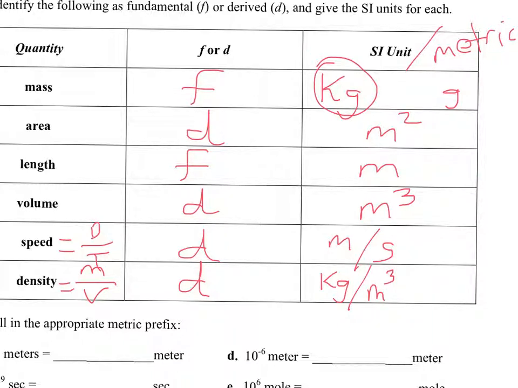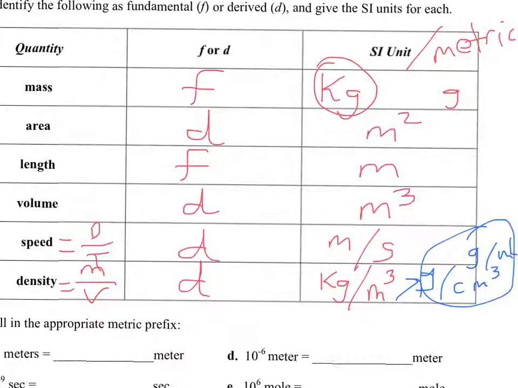In the metric system, often you'll see grams per cubic centimeter or grams per milliliter. Those are common metric units, but the SI system, even though it's based on the metric system, uses slightly different units, really only for mass.